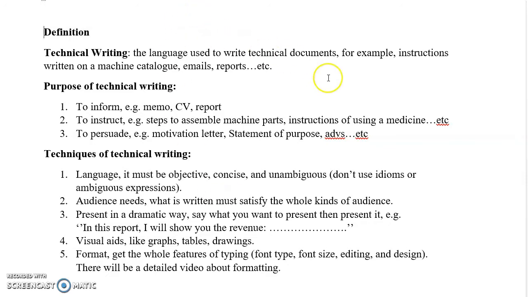So once we say technical writing, it means that I am making a document, and this document is formal, that is required to apply for a scholarship, for example, or to ask for a job before going to the next step, which is the interview. So once you decide to look for a scholarship or a job, the first step that you have to make is to create an email.